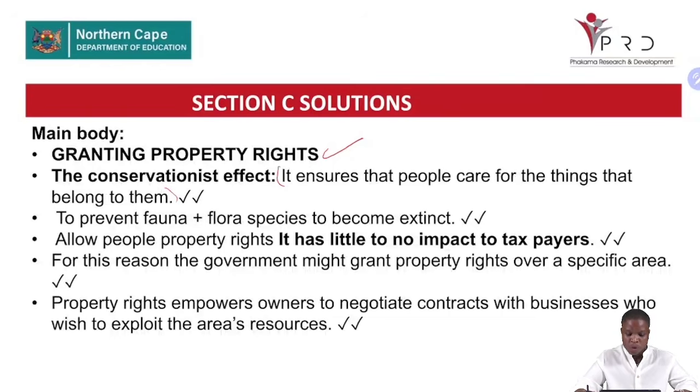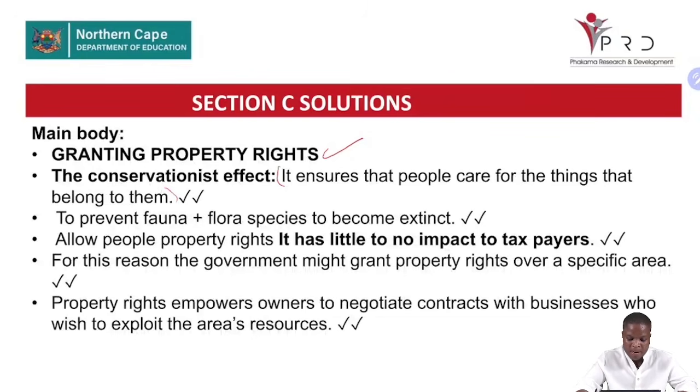So also with government, by giving these property rights, people get to take care of what belongs to them more. This prevents fauna and flora species from becoming extinct. We have species that, if not taken care of, we may lose for good. That's why we grant property rights, so that the owners can take care of those species that we may lose for good.